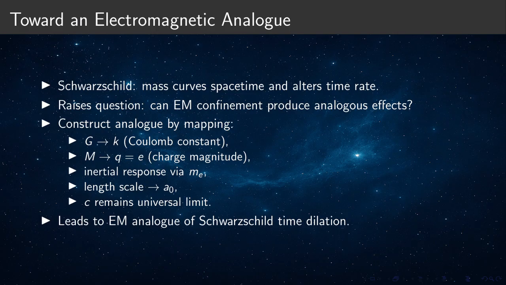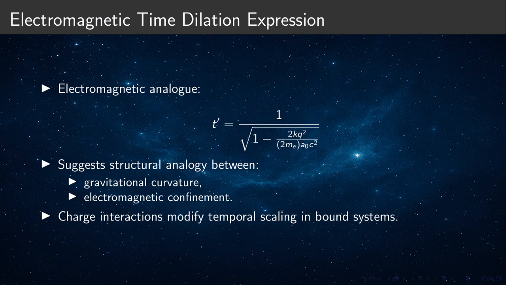The characteristic length scale is taken as the Bohr radius, a0, while c remains the universal limiting velocity. This leads to an electromagnetic analogue of the Schwarzschild time dilation expression. T' equals 1 over the square root of 1 minus 2kq squared over 2 m_e a0 c squared.